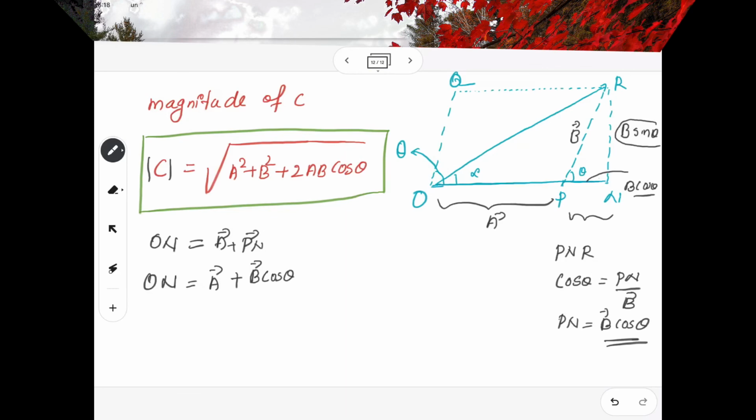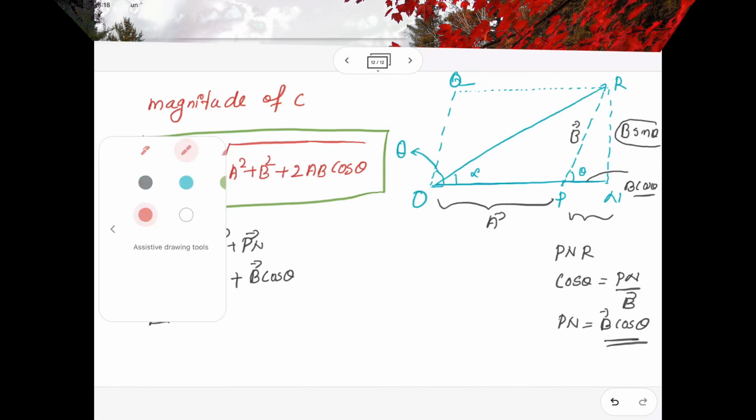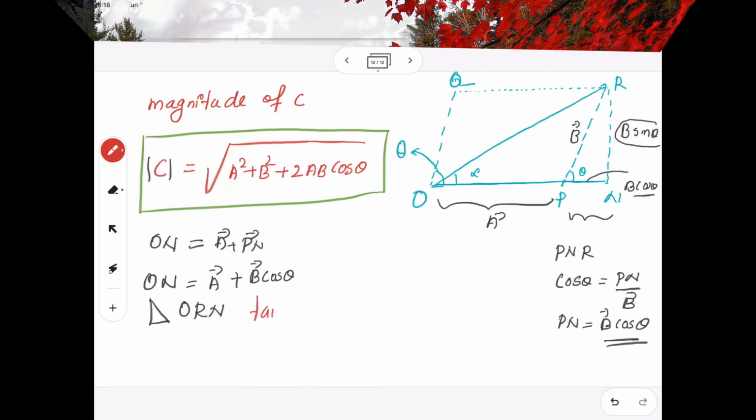Now from the bigger triangle ORN, what will be tan alpha? Tan alpha will be opposite side divided by adjacent side.